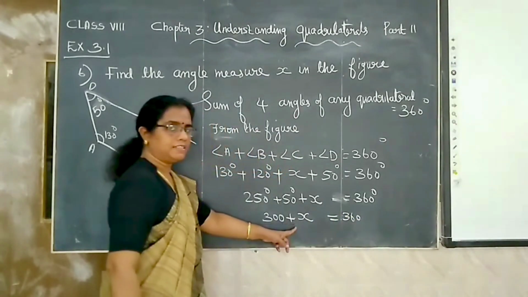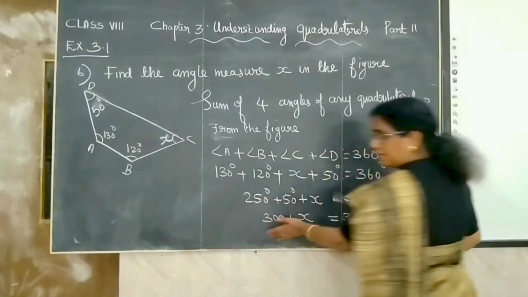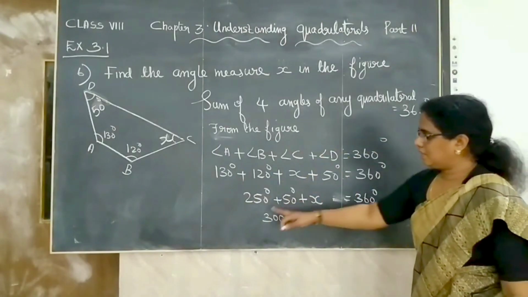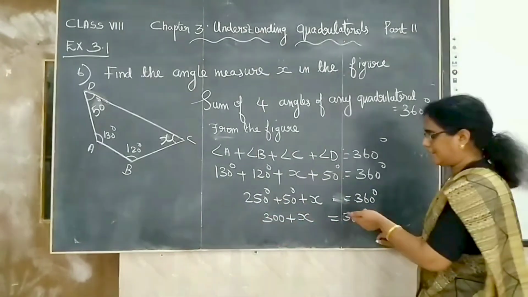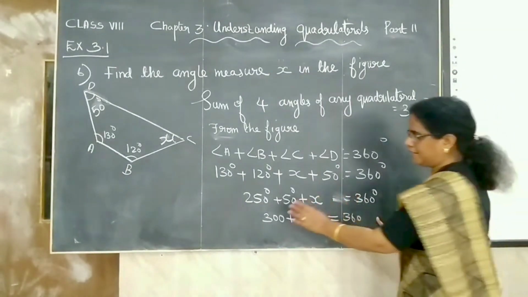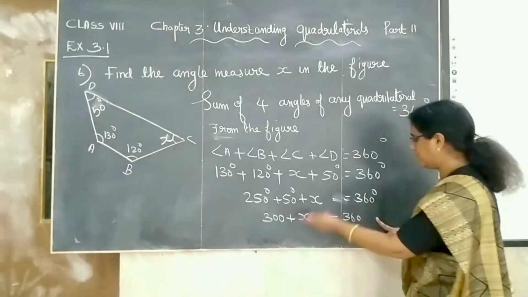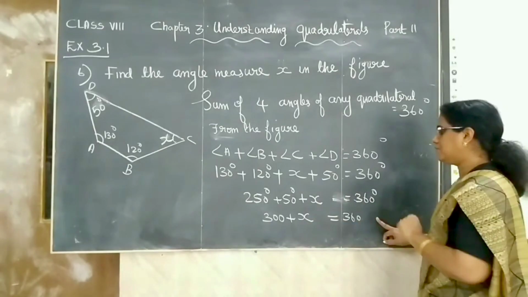From here we can find X by taking the 300 to the right side. Since it is a positive number here, it becomes negative when we take it to the right side of the equal sign.